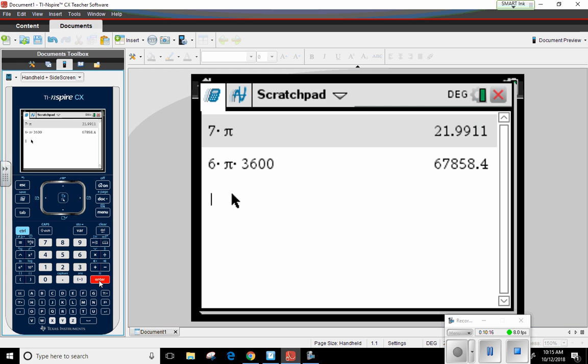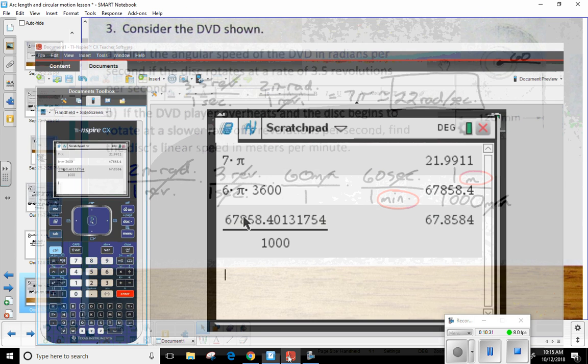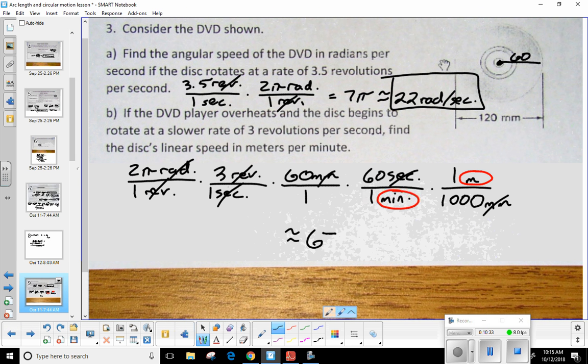So 67,858, but I'm forgetting something. We got to divide by what? The 1,000. There we go. That's just going to move the decimal over 3 places. So I'd say we have about 67.9 meters per minute.